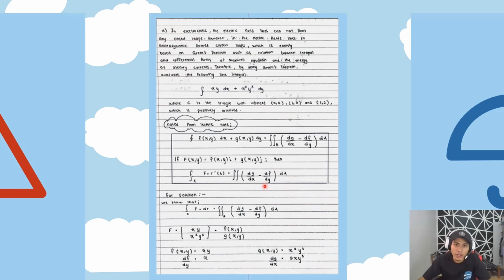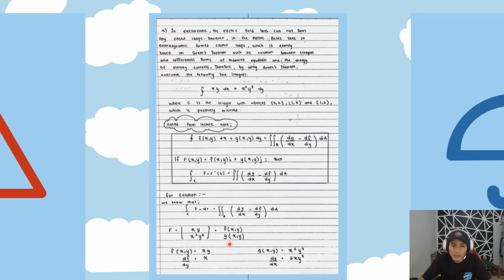For the solution of this question, we must know the values of dg over dx and df over dy. We know that f(x,y) is equal to xy and g(x,y) is equal to x squared y cubed.